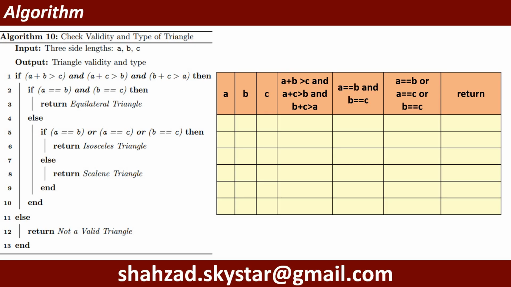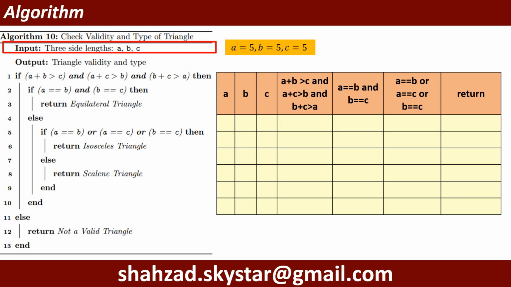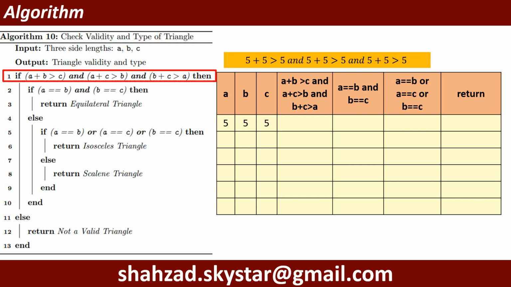And lastly, I'm going to test these same values in the algorithm. First of all, input three sides A, B, and C, where the value of A equal to 5, B equal to 5, and C equal to 5. It will check the condition if A plus B greater than C, and A plus C greater than B, and B plus C greater than A. Then 5 plus 5, 10 greater than or equal to 5.